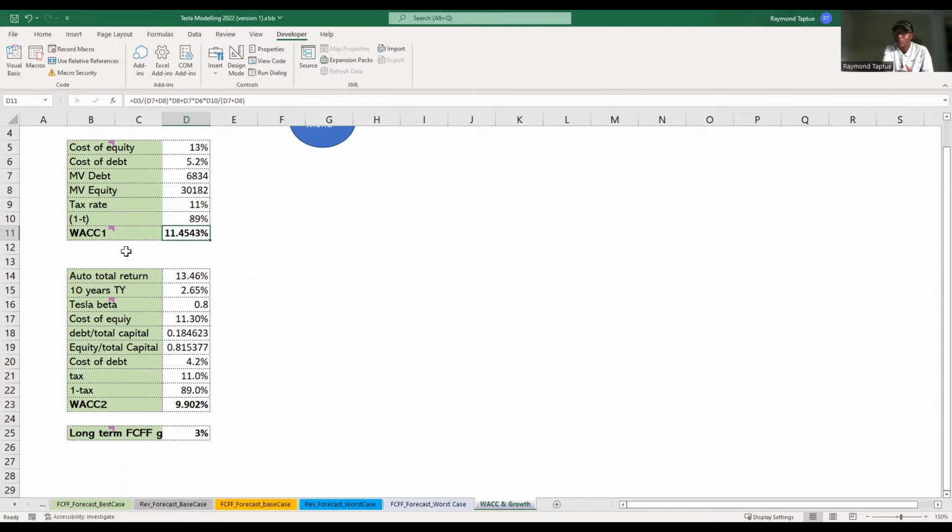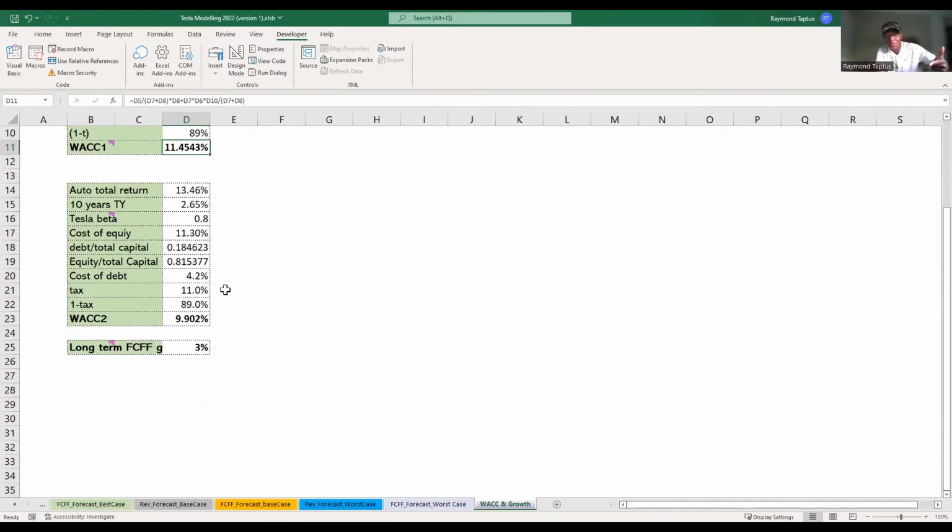This is what I got for the weighted average cost of capital for the first period, which means going from 2022 to 2030.